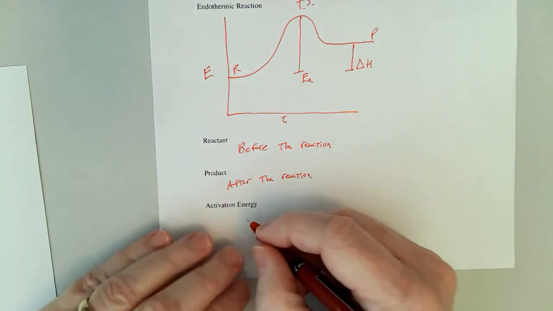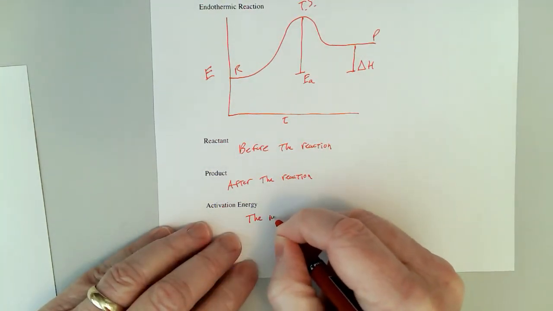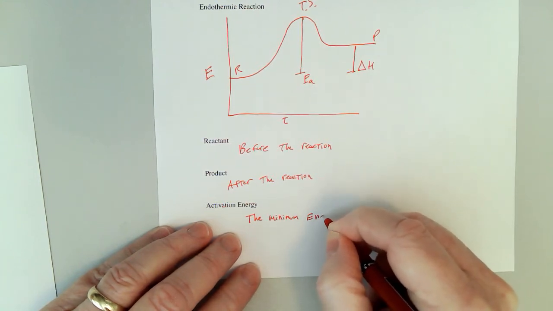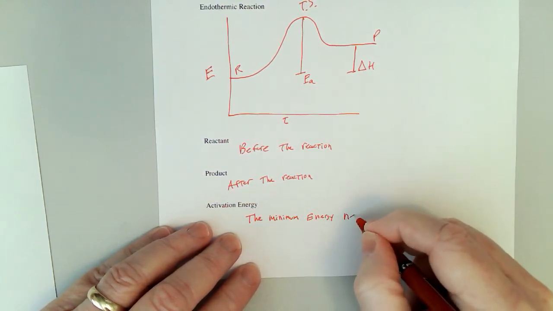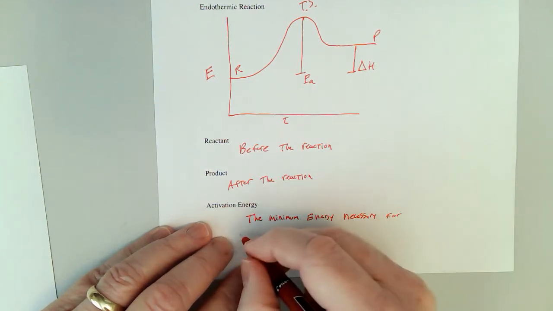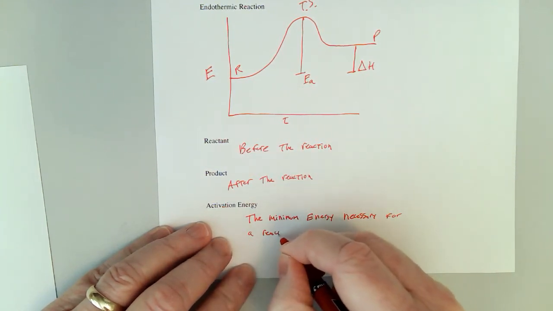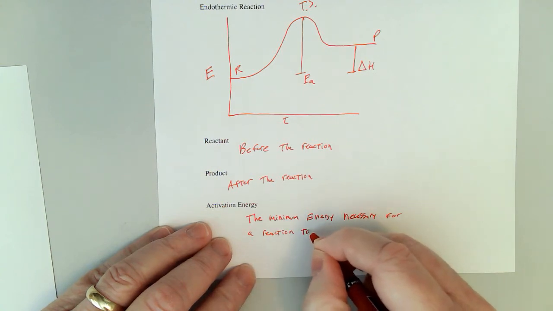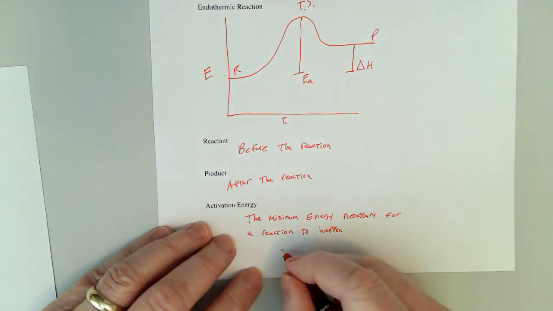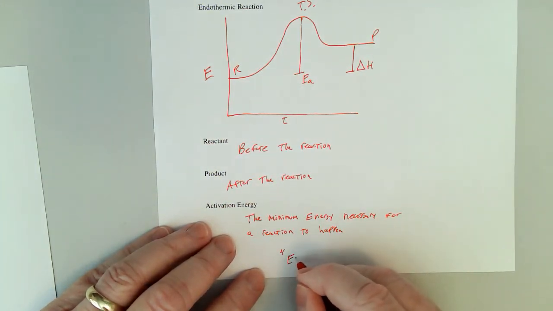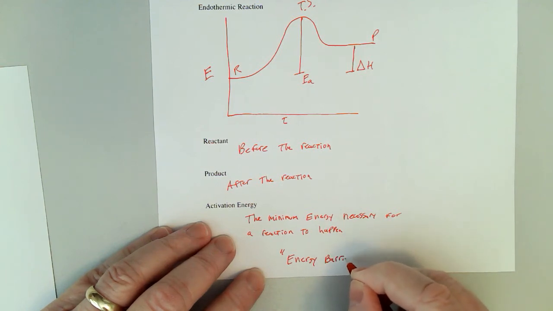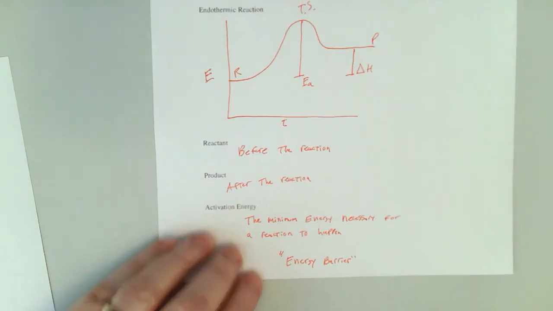And activation energy is the minimum energy necessary for a reaction to happen. Very typically, biology books call this the energy barrier, which is a decent term for it.